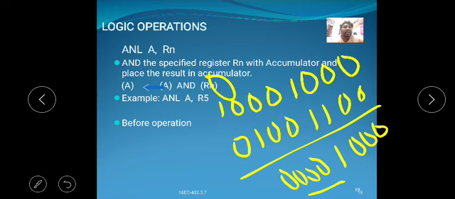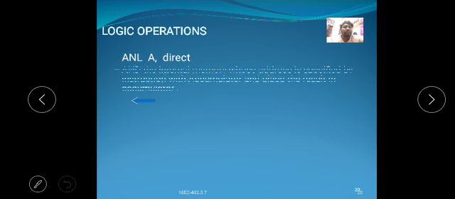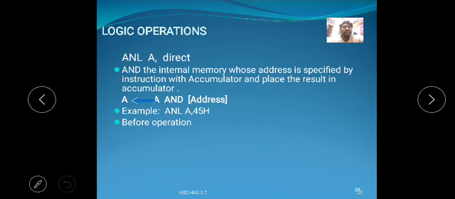Example: ANL A, R5. ANL A, direct: AND the internal memory content whose address is specified by the instruction with the accumulator and place the result in the accumulator, A AND address. Example: ANL A, 45H.